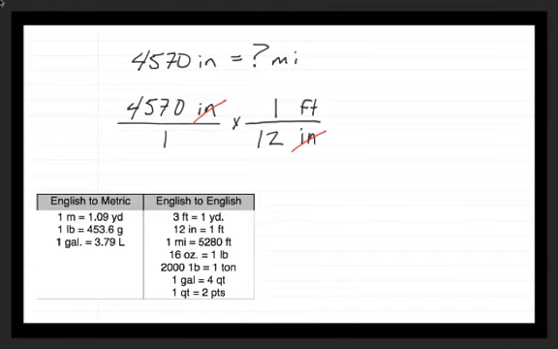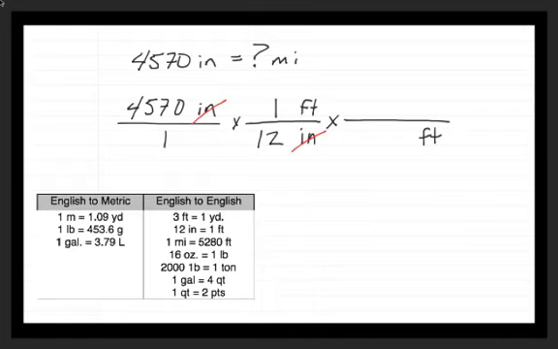Start this by placing another times blank next to the feet divided by inches conversion. Since we do not want feet, place it in the denominator. Find a conversion factor that will help get to the unit of miles. Looking back at the list of conversions, we find a conversion from feet to miles. 5,280 feet equals 1 mile.